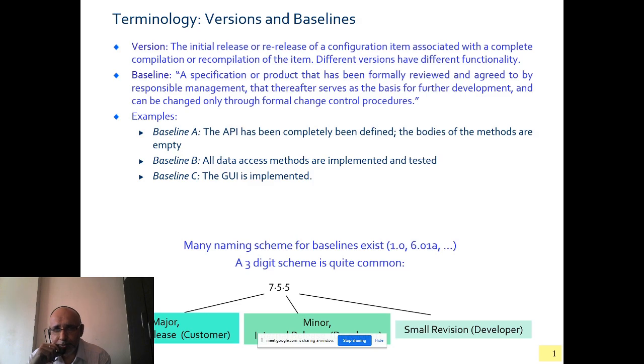All data access methods are implemented and tested and the GUI is implemented. So you will prefer to have baseline C, which encompasses everything. So now the scheme for baselines is existing 1.0 and so on.